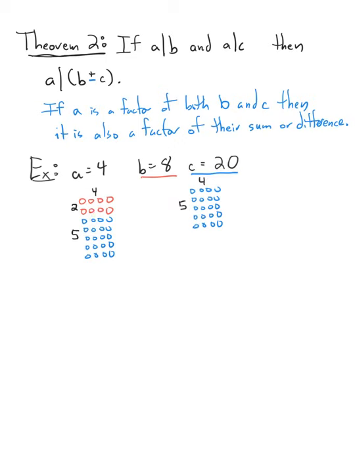Here are the first 8. Here are the second 20. So we do have a rectangle that's now 4 by, in this case, 2 plus 5 is 7. So we kind of added those previous numbers from the other dimension to get the vertical dimension of the new rectangle. So hopefully that kind of makes sense.